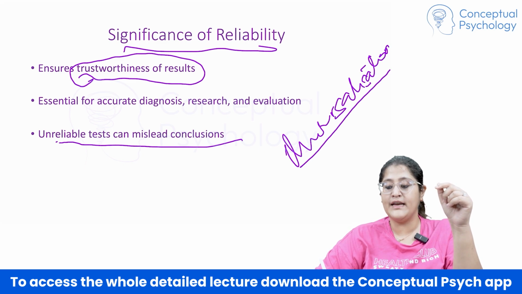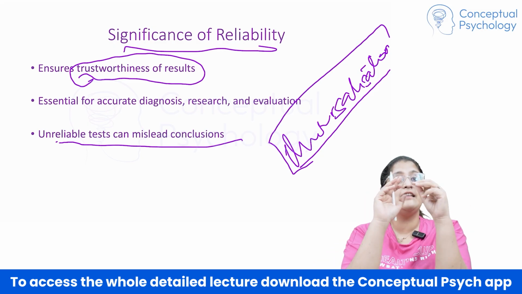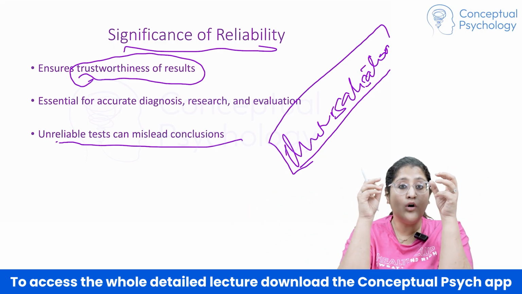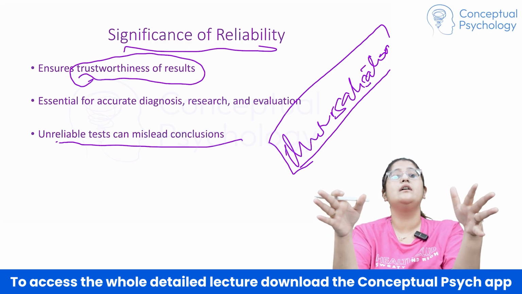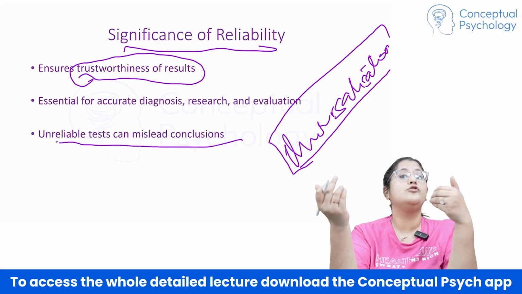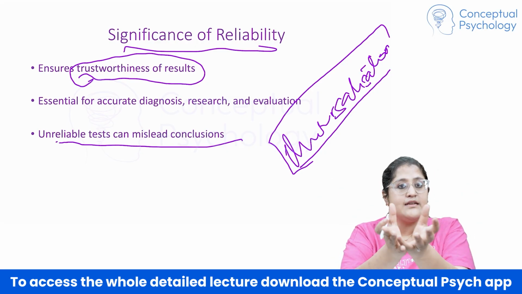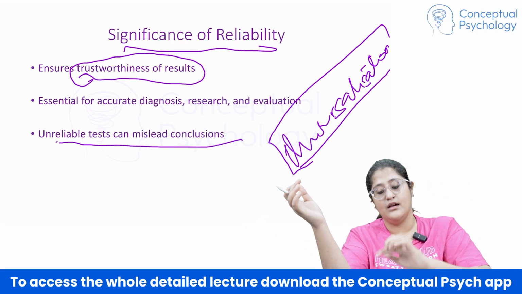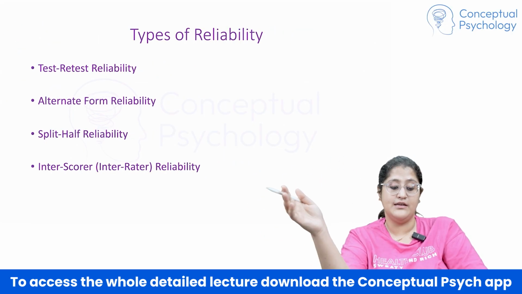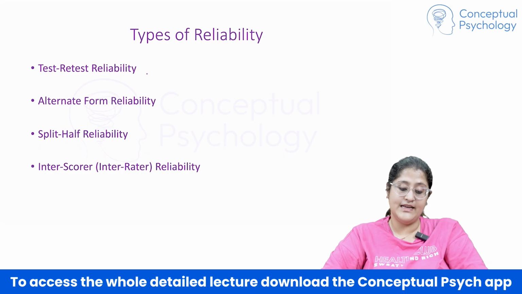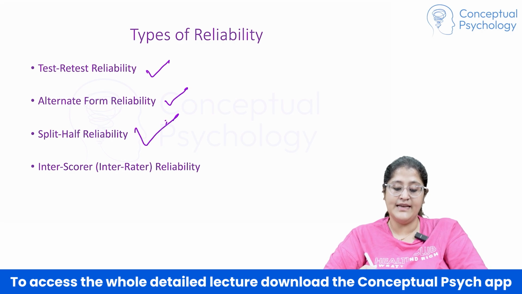So if you look at it from this lens, in fact, in this entire unit, if you remember what the goal is here, it will be very easy for you to logically understand these concepts, right? Now we move on to the types of reliability. What are the types? There is test-retest reliability, alternate form reliability, split half reliability, and interscorer reliability.